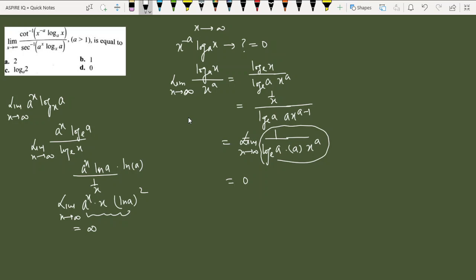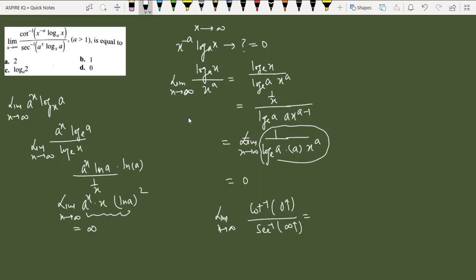So what we can say, as x tends to infinity, this is equal to 0. So limit x tends to infinity of cot inverse, this approaches 0, and sec inverse, this expression approaches infinity.